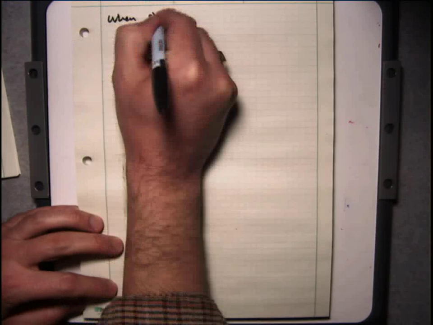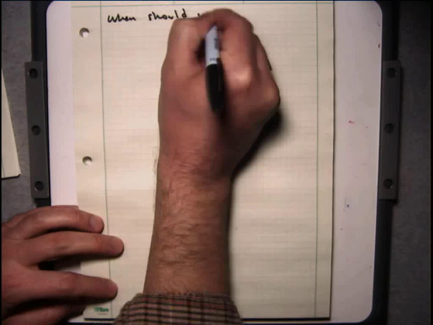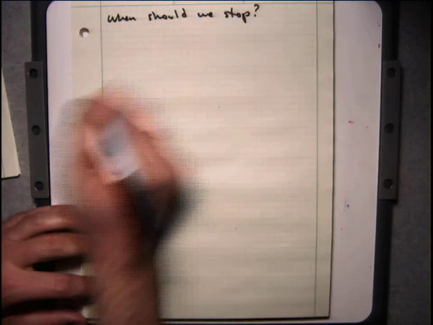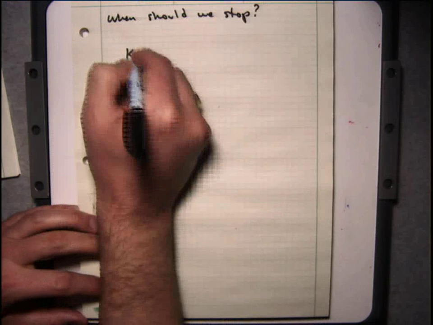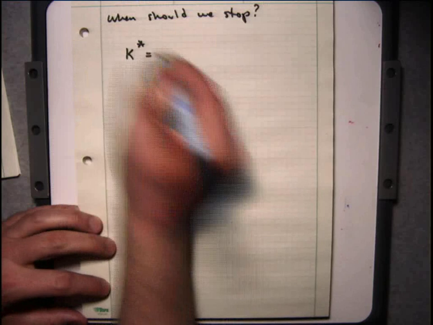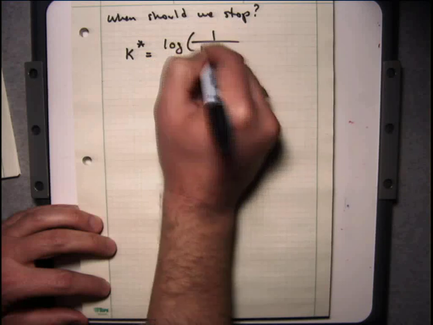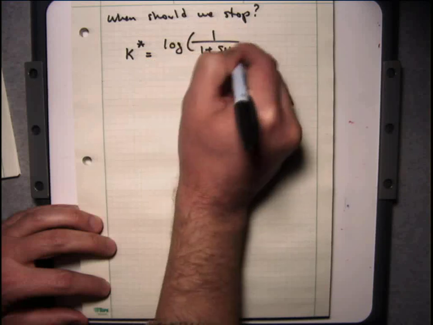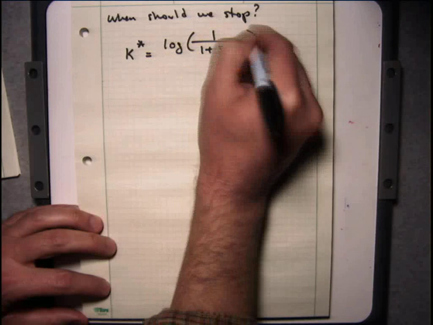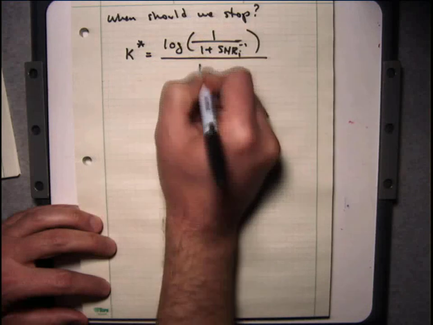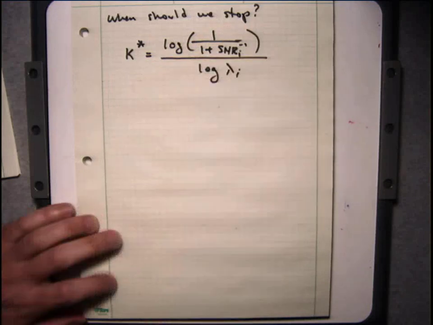So it turns out that if you solve, what you get is the k star for which you get the minimum is the log of (1 over 1 plus SNR_i) to the minus 1, divided by the log of lambda_i.